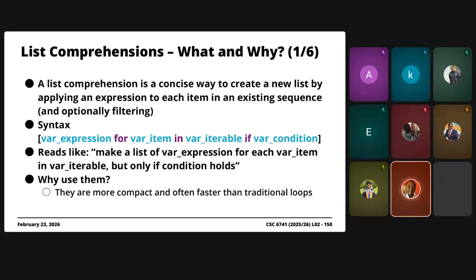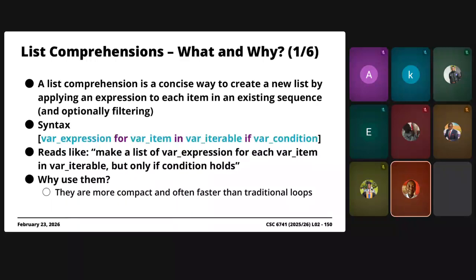Open square bracket, then you have a variable expression. I'm calling this var expression. And then it's almost like you are using keywords that we introduced when we were looping, like for. In actual fact, what you're doing really is looping, but using a shorthand notation.